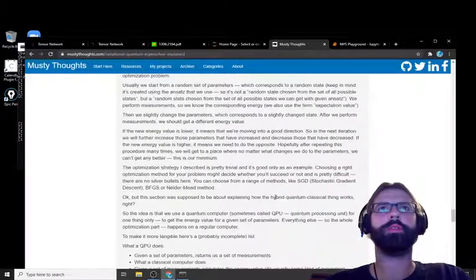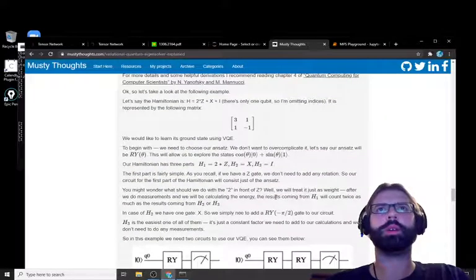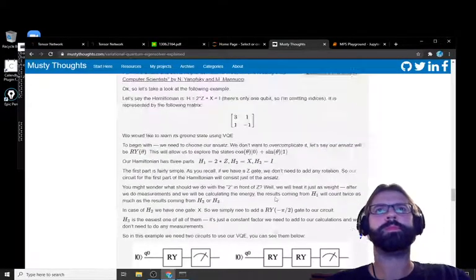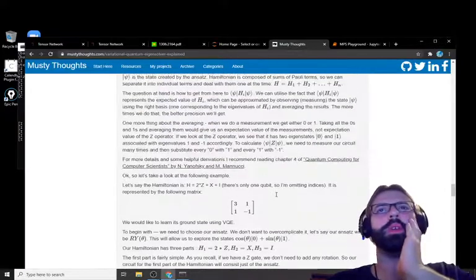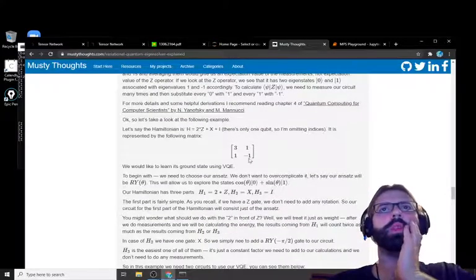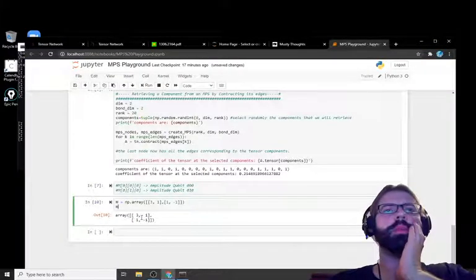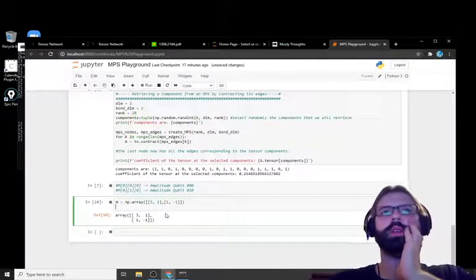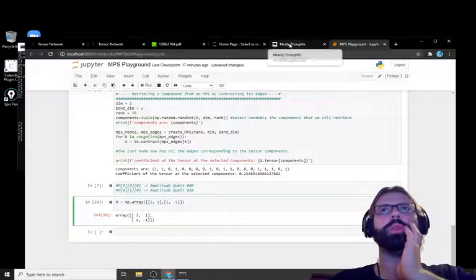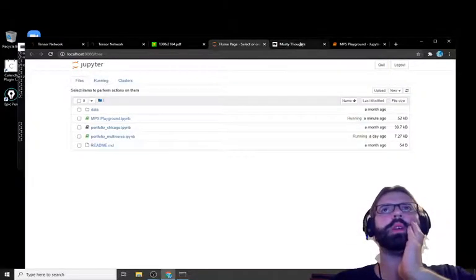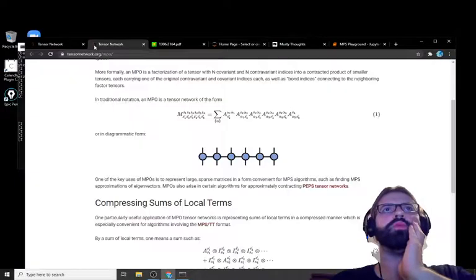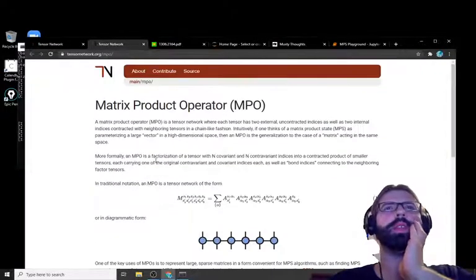I wanted to have maybe two qubits. Will one qubit be illustrative enough? So if I take one qubit and that's the Hamiltonian, and now I want to have the MPS, right? The MPS is just really, in this case, one tensor, isn't it?